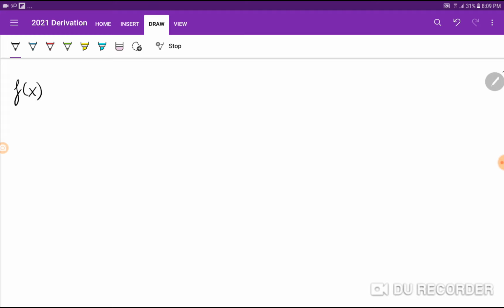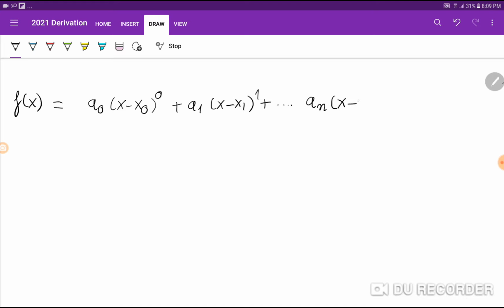What would the polynomial look like? If you recall from the Taylor series, it would look something like a0 times (x minus a)^0 plus a1 times (x minus a)^1 plus, all the way to an times (x minus a)^n.